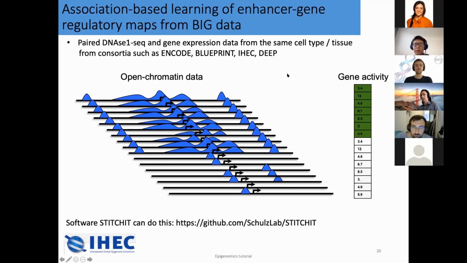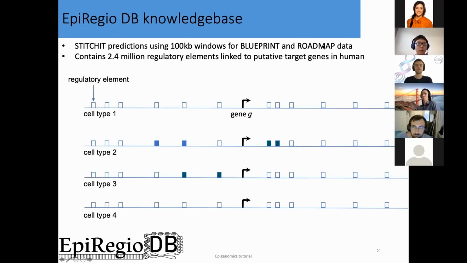We have done this using the BLUEPRINT and Roadmap data sets, which contain cell types and tissues, always with RNA-seq and DNA-seq of the same samples. We used the STITCHIT method to learn these associations. We ran it in a way that for each gene, we would use 100 kb upstream and 100 kb downstream of the complete gene, also including the gene body.